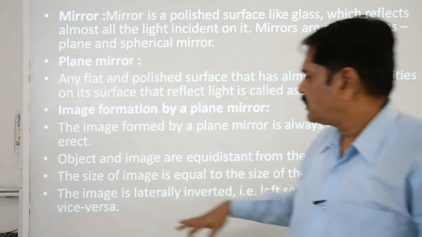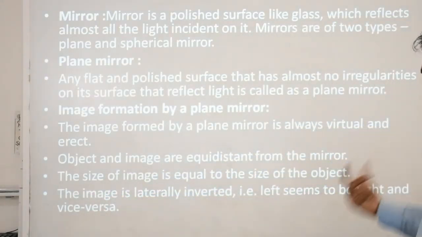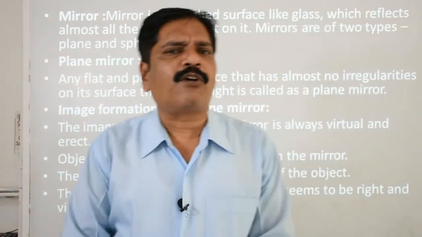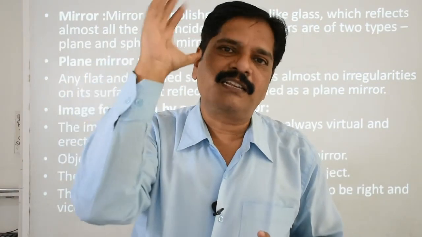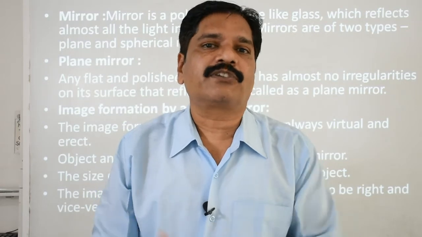Okay, now the image is laterally inverted, that means the left seems to be right and the right seems to be left. Okay, it is a very common feature. I think you have observed that when you lift your left hand, in the image it seems that the image is raising the right hand. Clear? It is called lateral inversion. Clear?